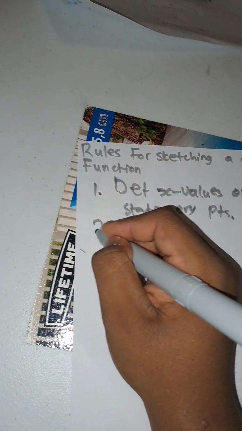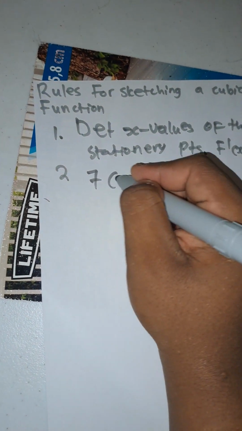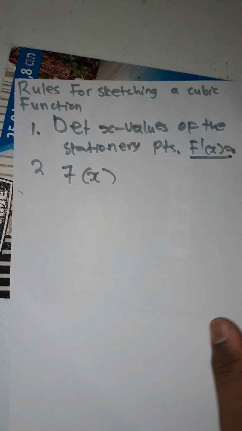Number 2, determine the y values of the stationary points by substituting the x values of the stationary points into f of x, not f prime of x.